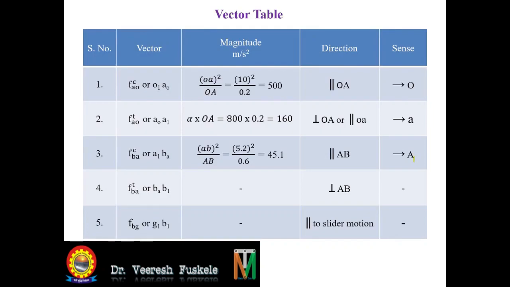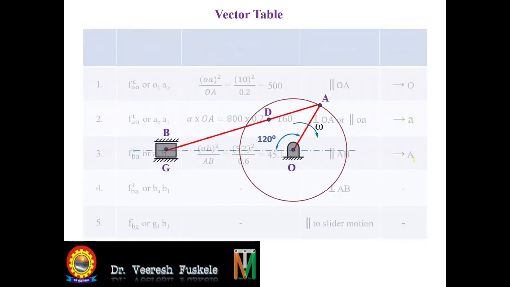Again, the direction of the centripetal component of acceleration of B relative to A will be parallel to AB, parallel to the link, and the direction will be towards A, towards the center of rotation. It will be parallel to this link BA, and it will be from B to A. That means from left to right.